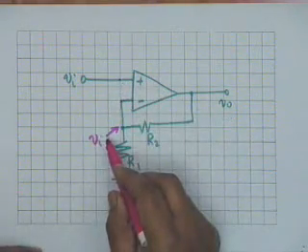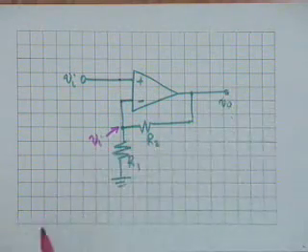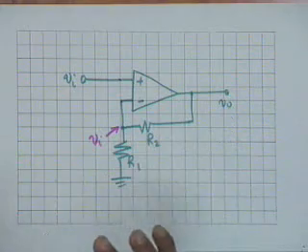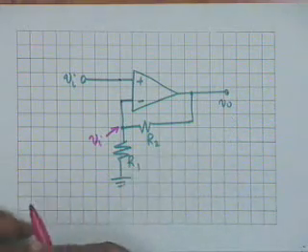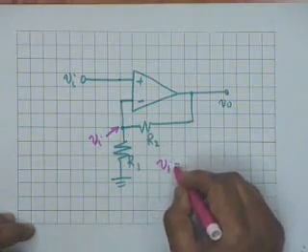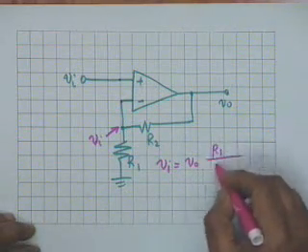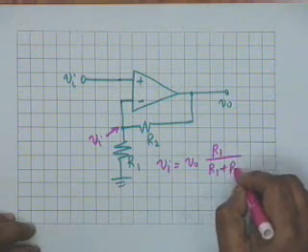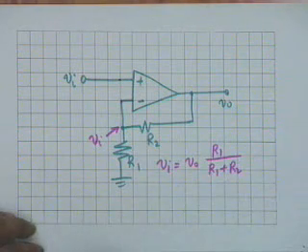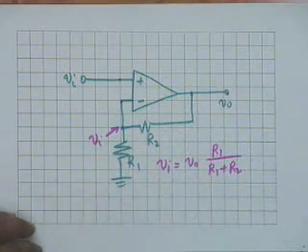And therefore as far as V0 and Vi are concerned, there is simply a potential division between R2 and R1. In other words, Vi should be equal to V0 times R1 divided by R1 plus R2. Agree? You see how simple the analysis is?